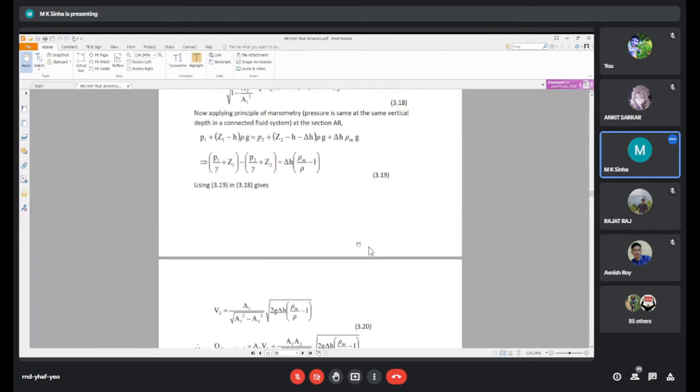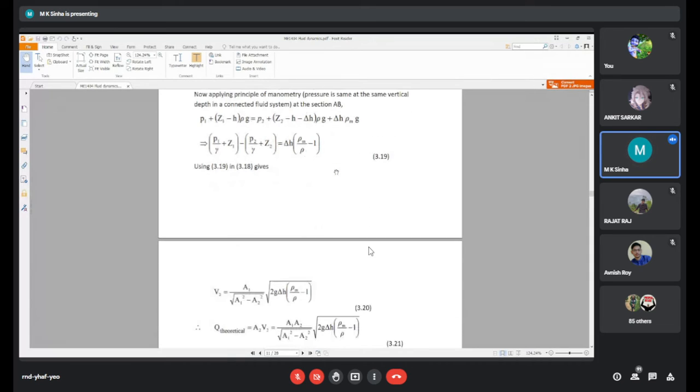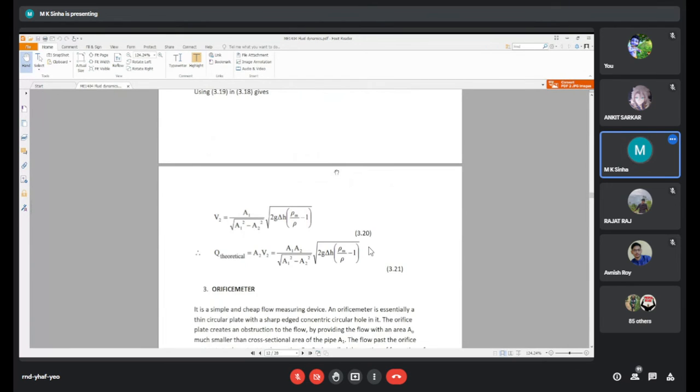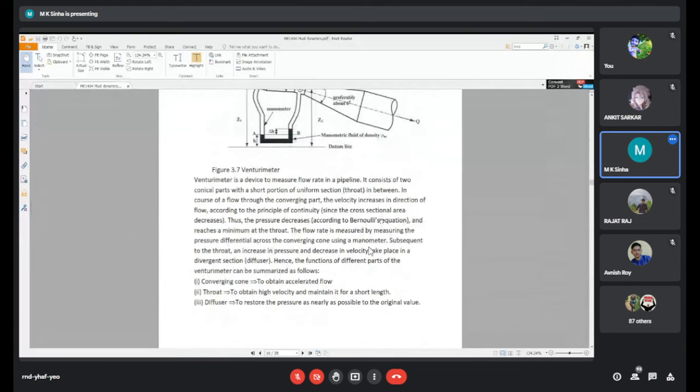So see here, we got the velocity in terms of pressure, area, and Z. That will transform pressure into the manometric form, del H rho m by rho minus 1, because our Venturi meter is connected with the manometer.